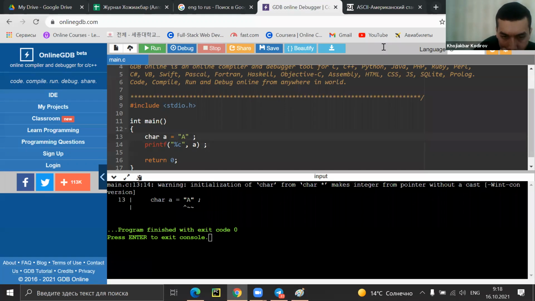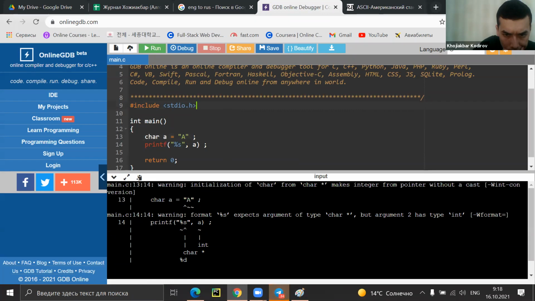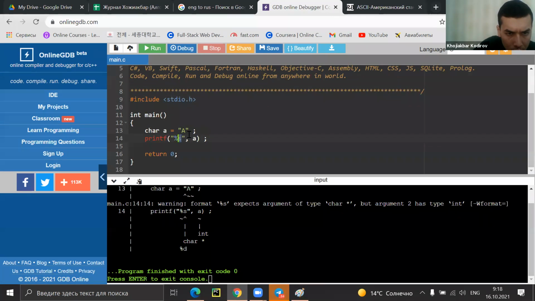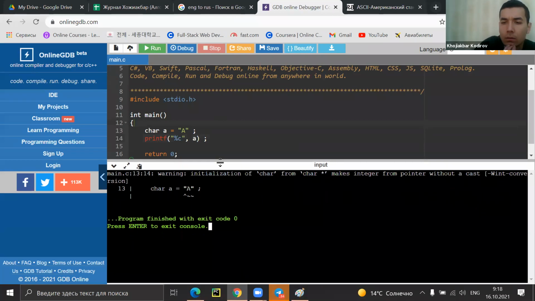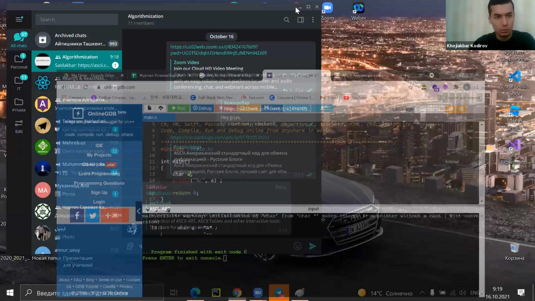The target has type integer. It's a character, this one is a character. Write this code in Visual Studio. No, like this.